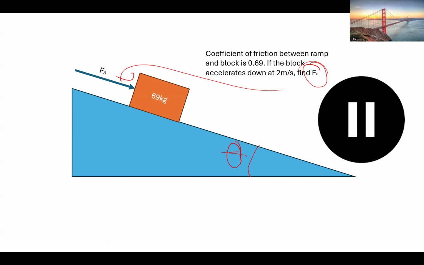Okay, pause the video and solve it on your own. And if you can't, you can continue watching. If you can, and you finish it, I hope you get it correct.